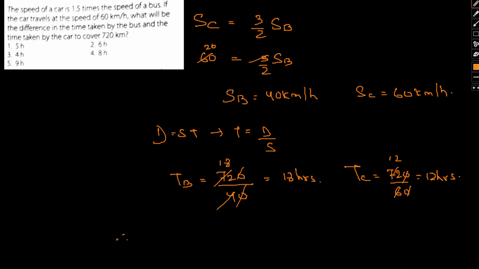So therefore the difference in time will be 18 minus 16, 2 hours or 4 hours. Oh no, so 18 minus 12, sorry, my bad. So 6 hours. So option 2 is the answer.